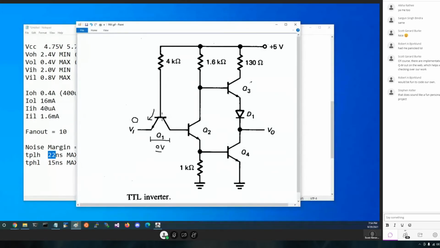Well, no, because the base needs to be 0.7 above that, right? So this one can't possibly be turned on because there's no way he can get current. If there's no current flowing through here, the voltage across him is going to be basically off. So he's off.